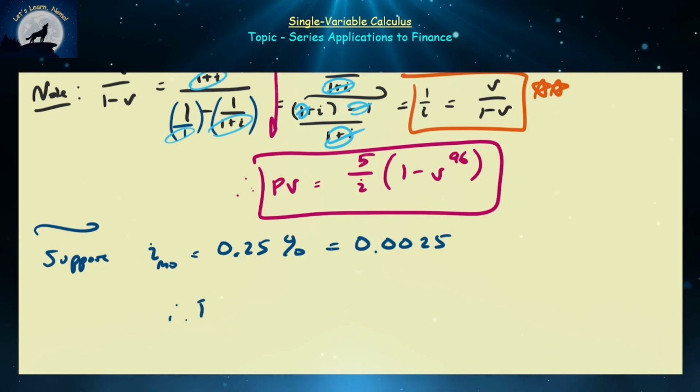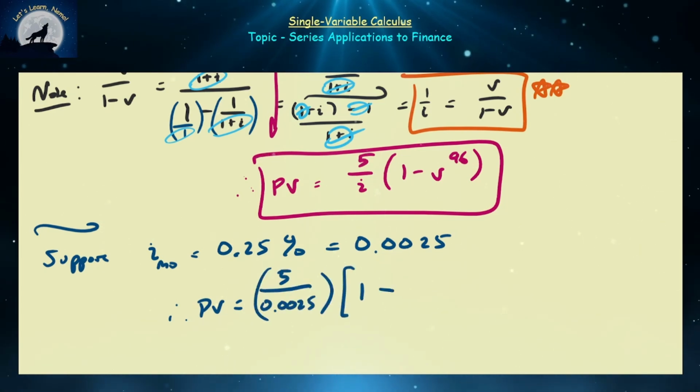So therefore, the present value of this sequence of $5 cash flows over the next 8 years is going to be equal to 5 over 0.0025, so 5 over i, times 1 minus nu, which is 1 over alpha, and alpha is 1 plus i, which is going to be 1.0025 to the power of 96.